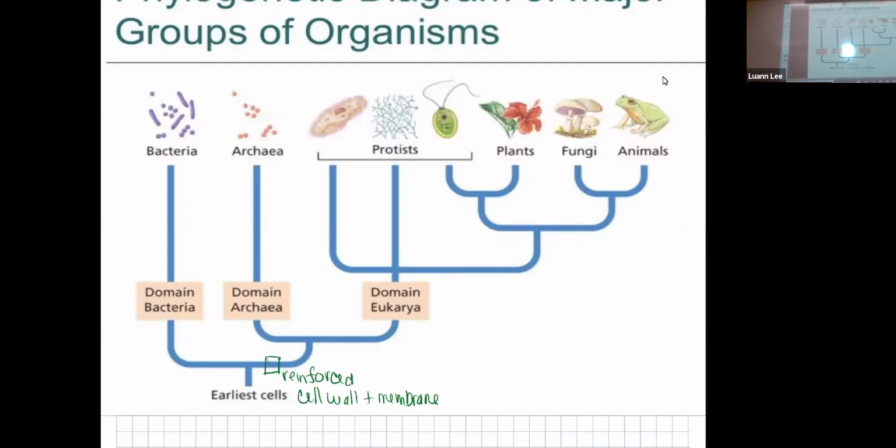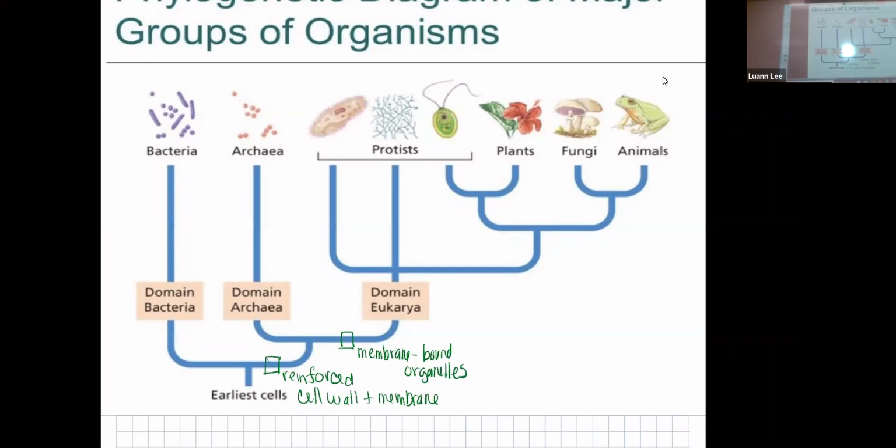The next group branches off as the eukarya because all of a sudden now we have membrane-bound organelles. We're going to be learning a little bit more about those in the next couple of days as well. How did they get those organelles, and how are they unique? So they have membrane-bound organelles.